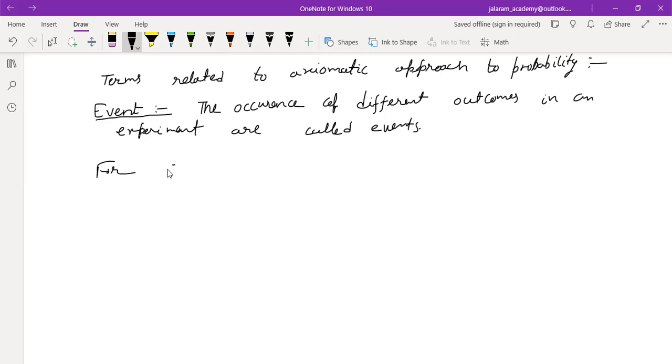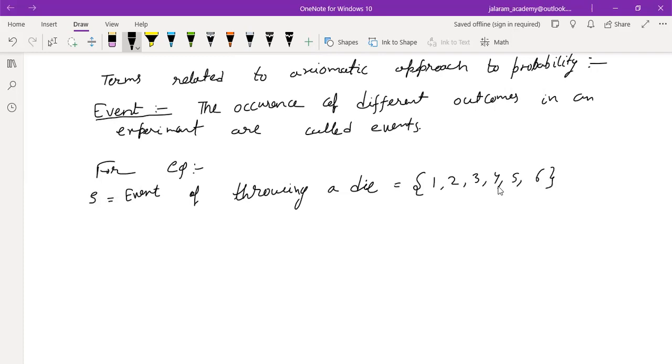For example, we can say event of throwing a die, and we denote it by S. If we denote it by a set, we write {1, 2, 3, 4, 5, 6}.